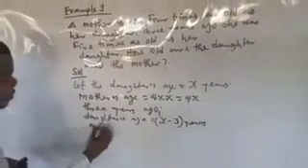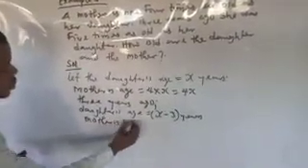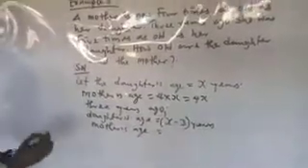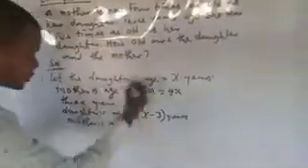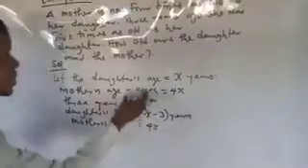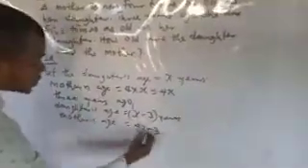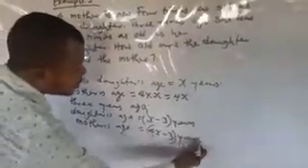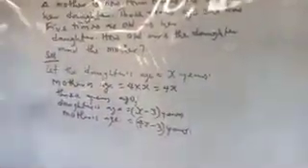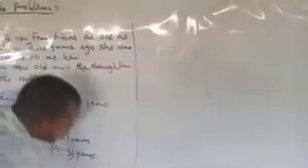So definitely the mother's age 3 years ago, we said the mother's age is 4x, so that will be 4x minus 3 years. Now 3 years ago, she was 5 times as old as her daughter.